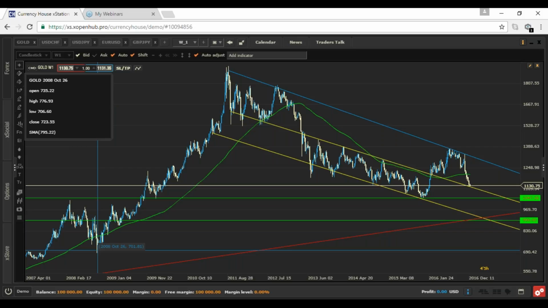So they chose the safe haven asset and put their money into savings, and one of the best instruments to save is gold. So gold is always an indicator of the health of the worldwide economy.